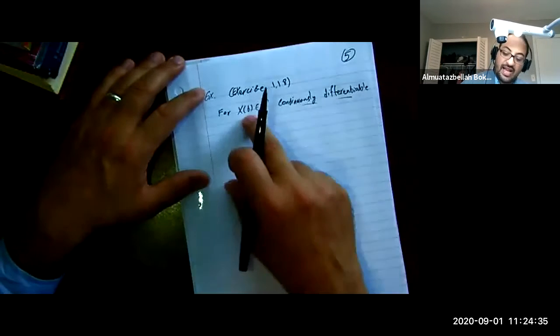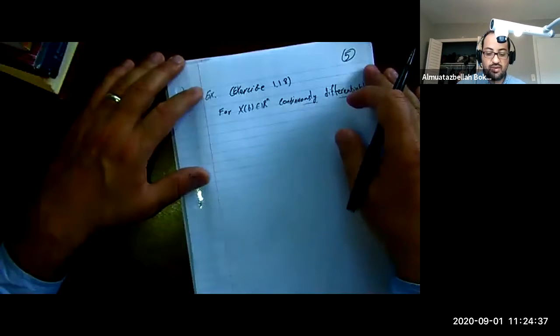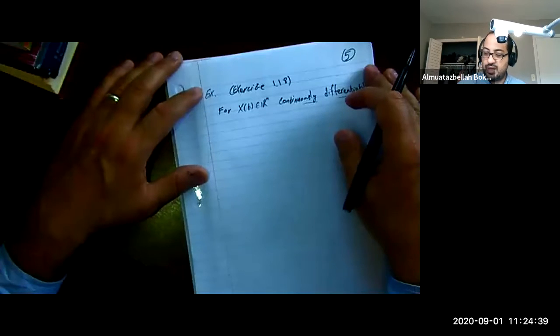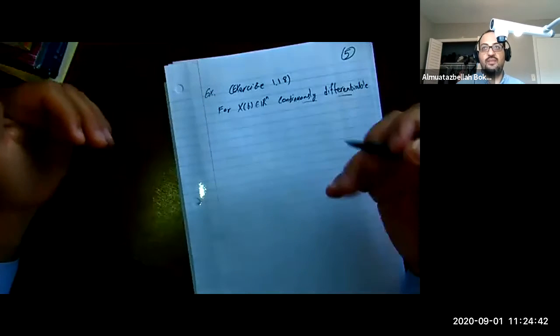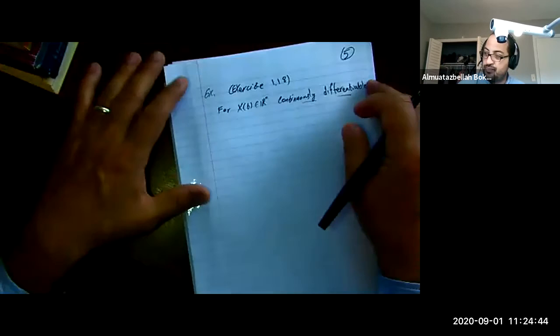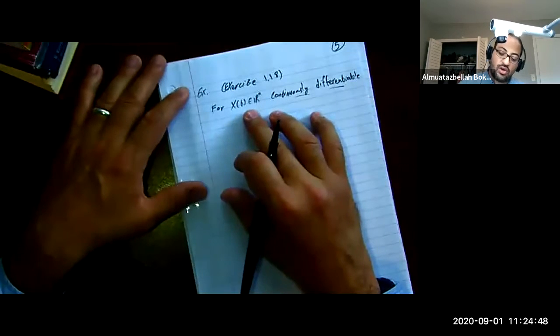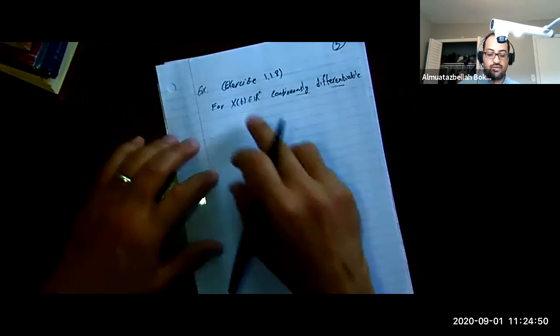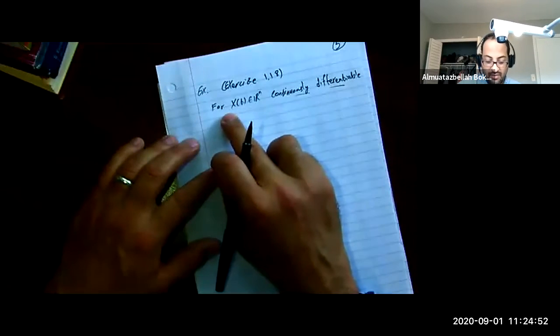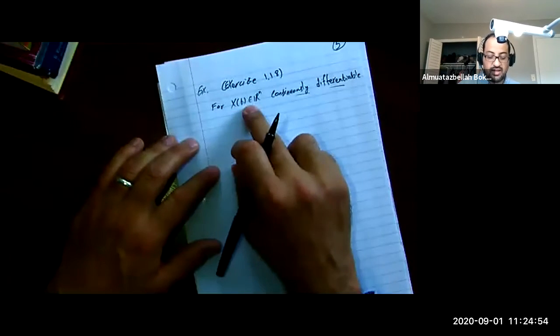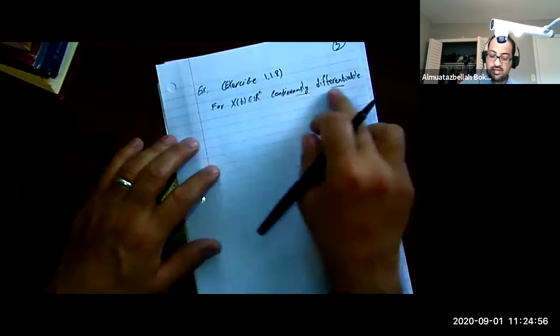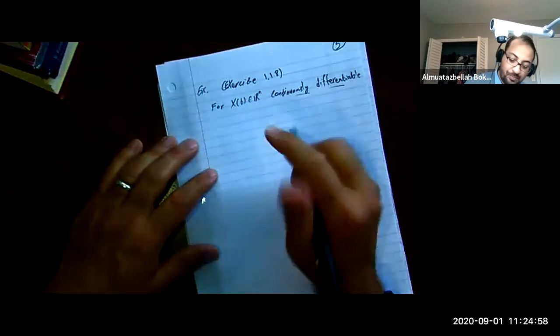Okay, so if x is continuously differentiable, and by the way, continuously differentiable implies continuity, and sometimes we call it smooth. So if I have a vector or a signal that is smooth, it implies continuous differentiability.